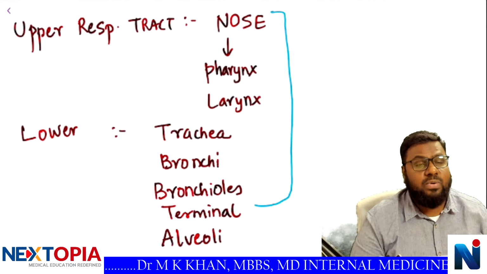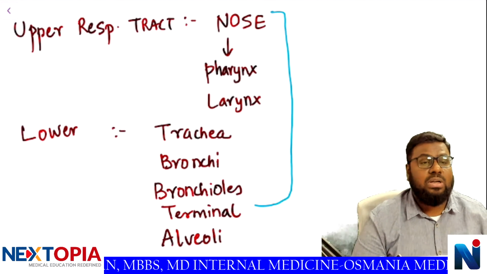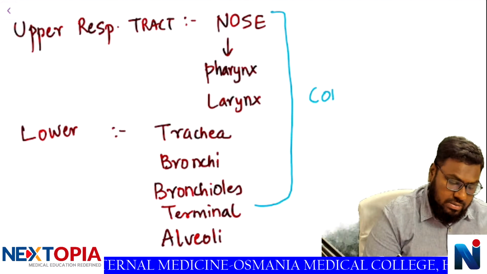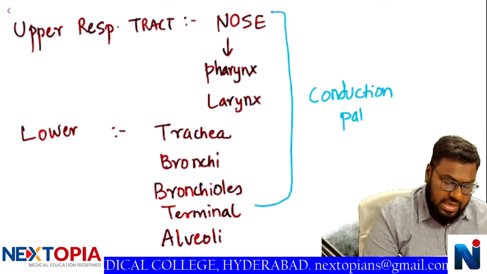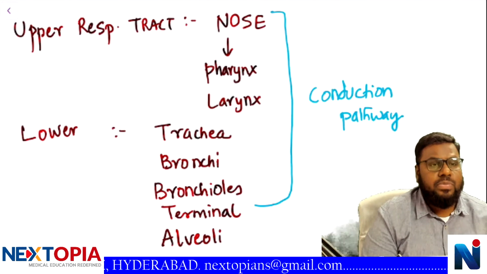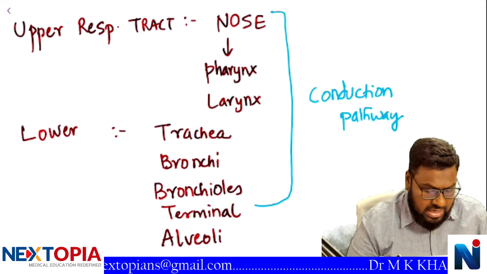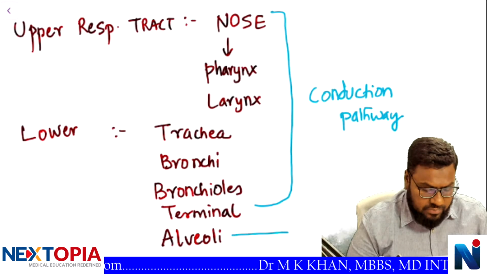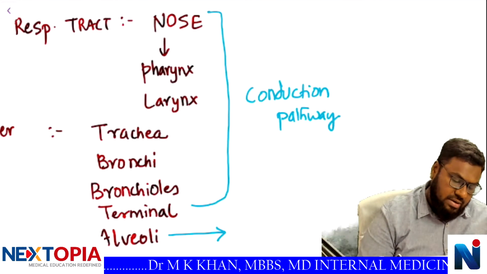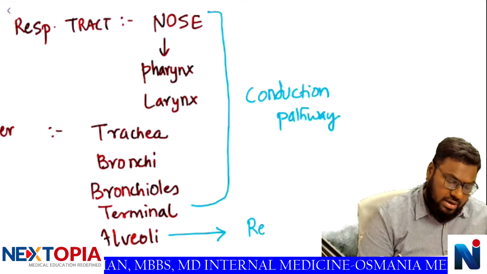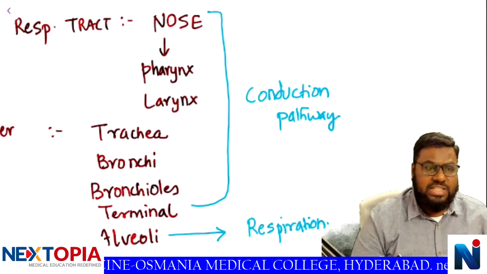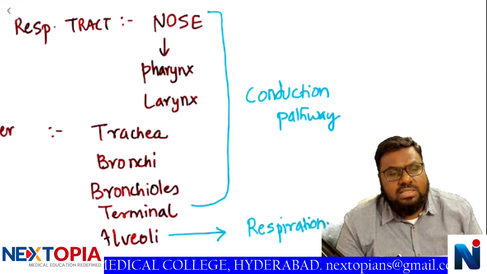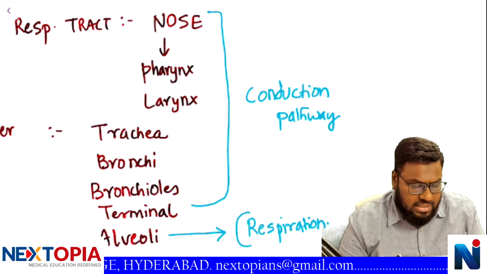The upper respiratory tract and lower respiratory tract up to the terminal bronchiole is the conduction pathway, we call it. It only conducts the air. Whereas actual respiration starts with the respiratory bronchioles and the alveoli. Exchange of gases occurs in the alveolus and the respiratory bronchiole.